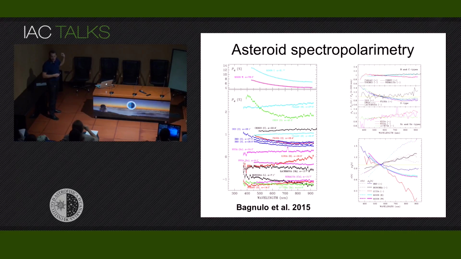So now we have completely new stuff, very high-resolution spectra, and an interesting thing is that if you look at this curve and the blue curve, and concentrate on the pairs of reflectance and polarization, you see that they are not all the same.